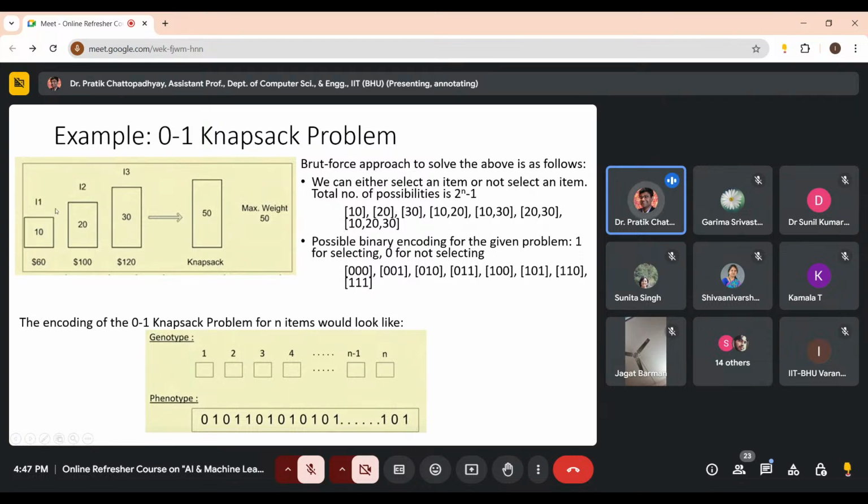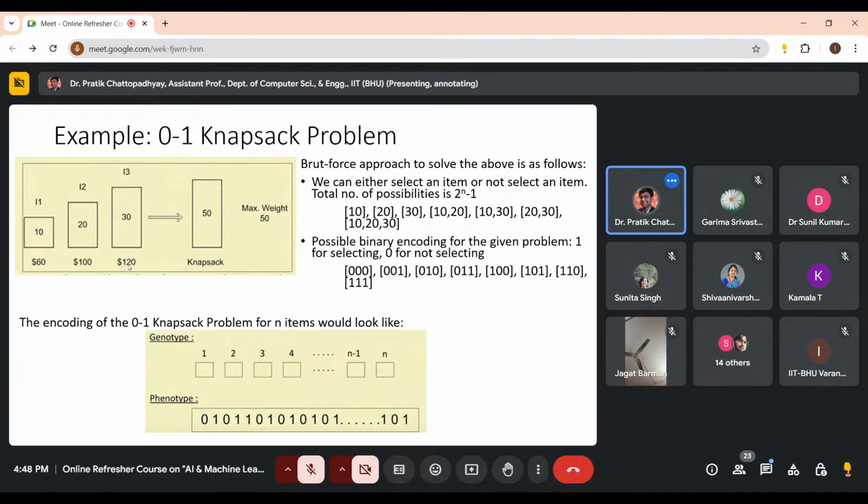But my objective is to fill the knapsack with maximum profit. So I will take as many items as possible, but while taking the items, I also have to take care of the profit that I am making. If I take, say, I2 and I3, then my total cost is 100 plus 120, 220.